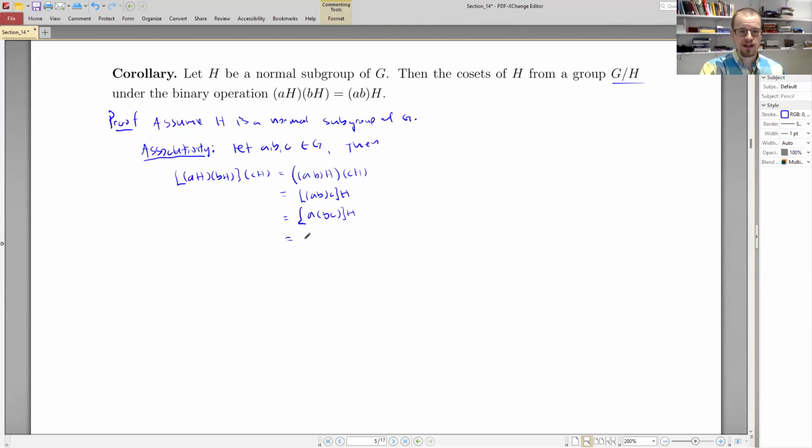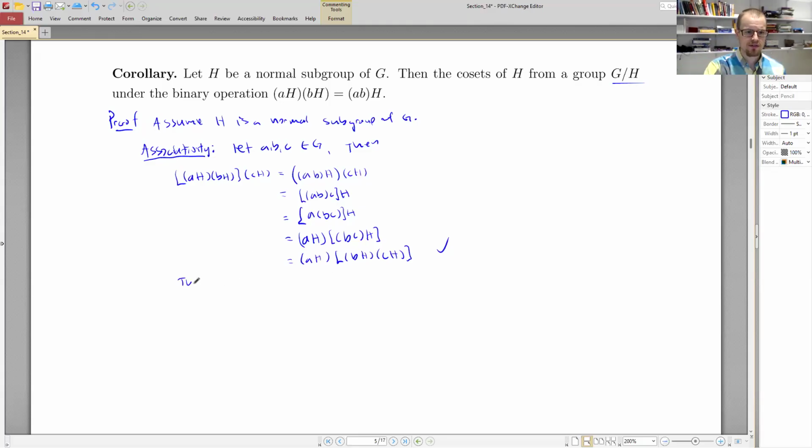So this is going to give us AH times BC times H. And then again, apply the definition of coset multiplication to get that this is AH times the quantity BH times CH. And this verifies for us the associativity of the binary operation.